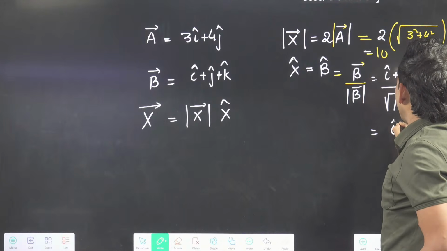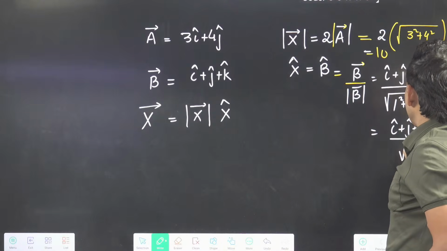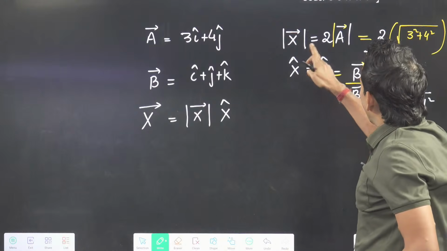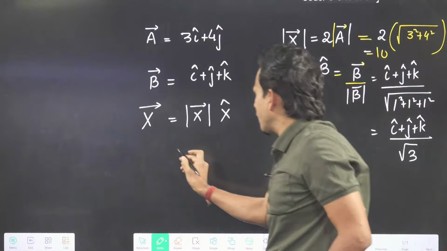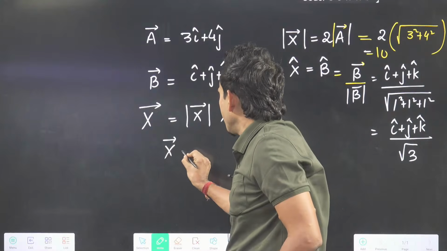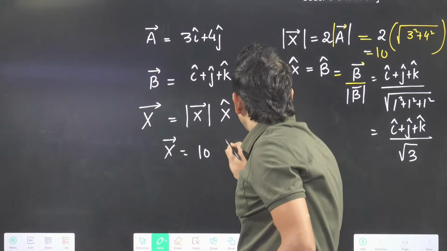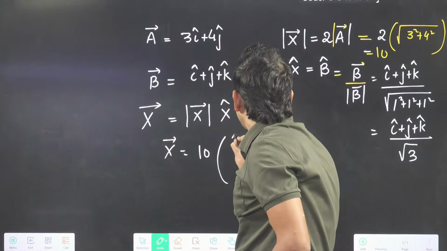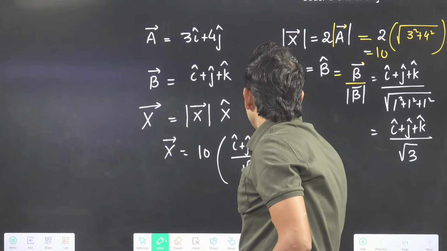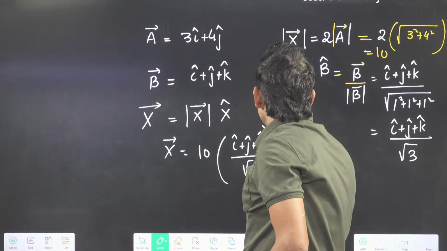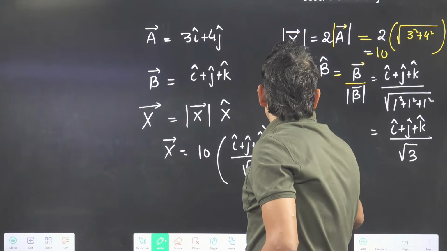That means it will become I cap plus J cap plus K cap by root 3. Now you have x mod and x cap, you can put them here to get your x bar vector. X bar mod you already calculated as 10, and x cap is I cap plus J cap plus K cap by root 3. So our answer will become 10 by root 3 times I cap plus J cap plus K cap.